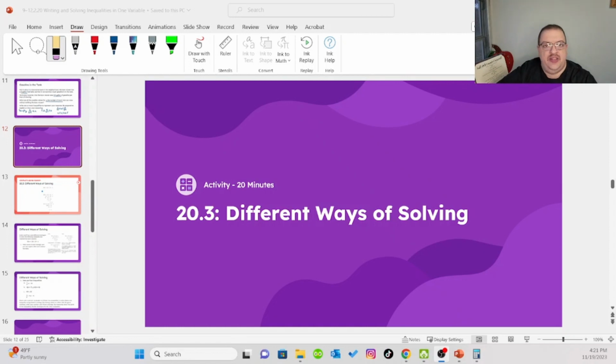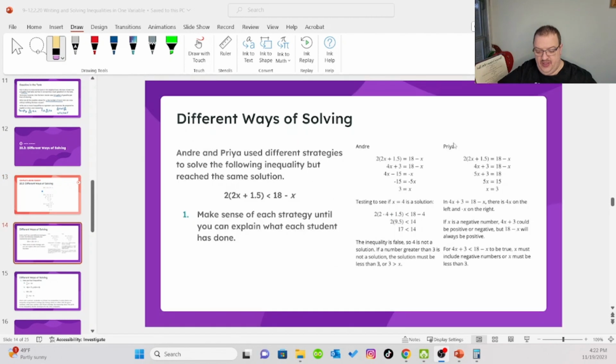So our next activity is 20.3, different ways of solving. This one states, Andre and Priya used different strategies to solve the following inequality, but reached the same solution. Make sense of each strategy until you can explain what each student has done.